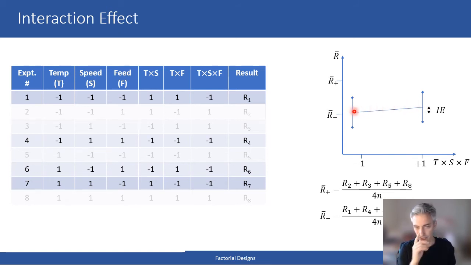So this would probably not be a significant contributor to the output. But the temperature times speed and the temperature times feed, or the speed times feed, are more likely to have some impact on the output of the experiment. So that's the interactions. I've just written the interaction equation at the bottom there.